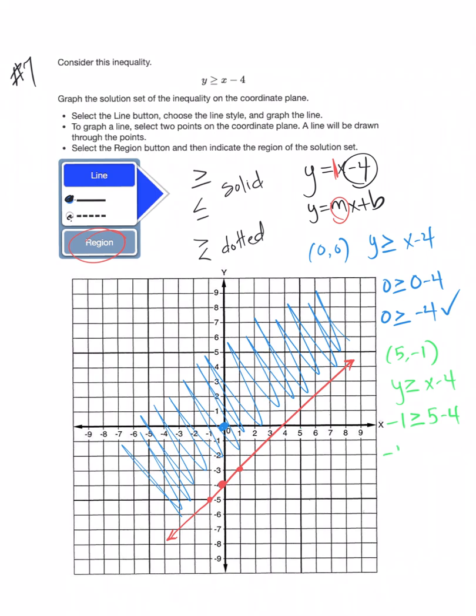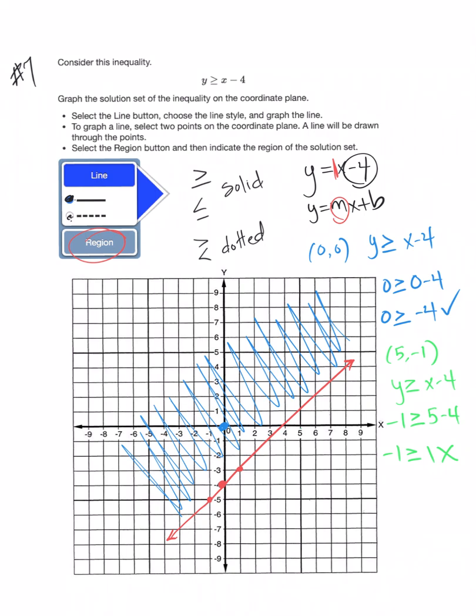When I simplify this, I get negative 1 is greater than or equal to 5 minus 4, which is positive 1. This is not a true statement. So that is why I wouldn't shade below the line.